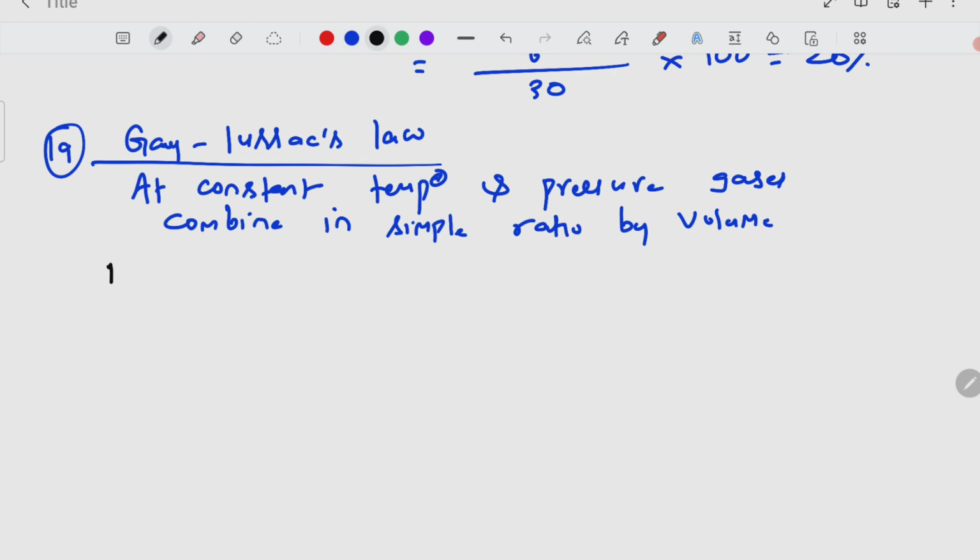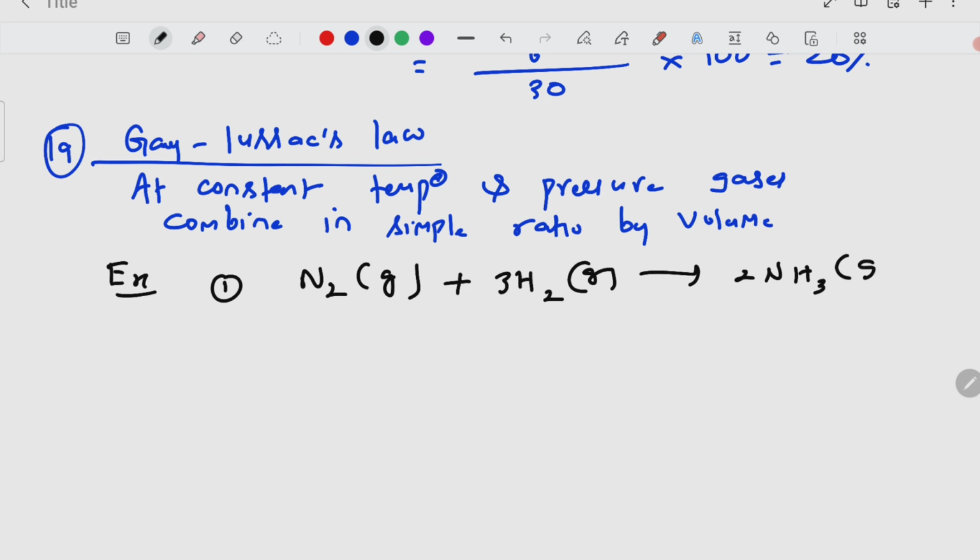For example, if I take one equation, it is valid only for gaseous chemical reactions. I am taking a balanced equation forming 2NH3, all in gaseous form. So 1 volume of nitrogen, according to the stoichiometric coefficient, combines with 3 volumes of hydrogen to form 2 volumes of ammonia.